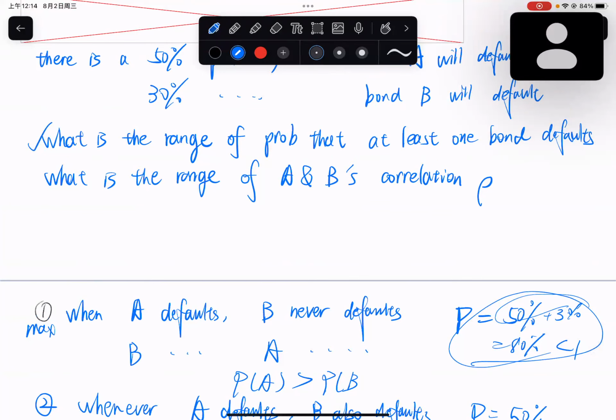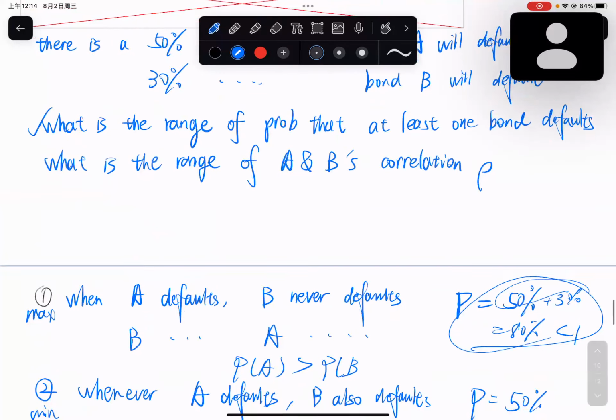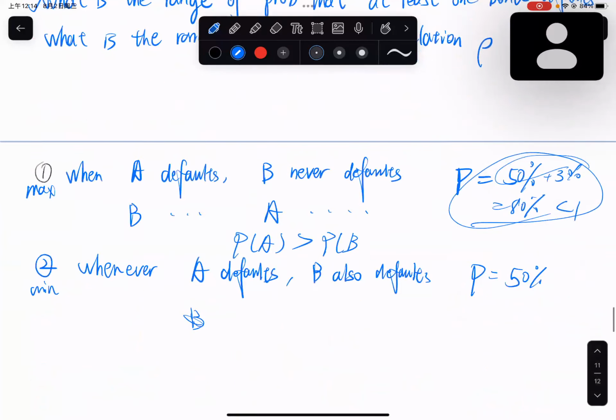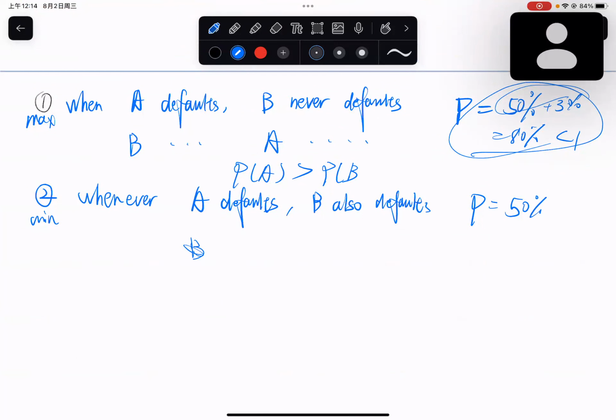Then what is the range of A and B's correlation? So let's first write down the correlation, right? The probability A or B defaults can be converted into what?